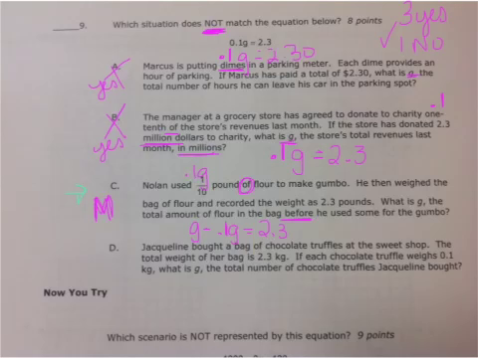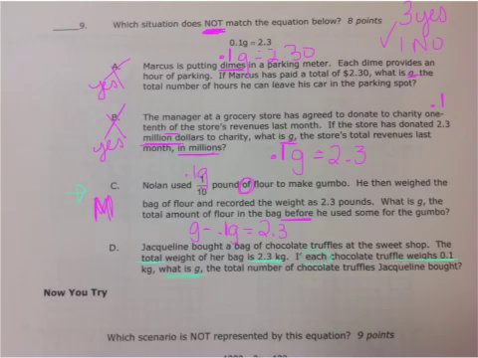D says Jacqueline bought a bag of chocolate truffles at the sweet shop. The total weight of her bag is 2.3 kilograms. So I know this is total, so it's probably going to be after the equal sign. If each chocolate truffle weighs 0.1 kilograms, what is G, the total number of chocolate truffles Jacqueline bought? So I know that each truffle weighs 0.1, and G is the number of truffles.